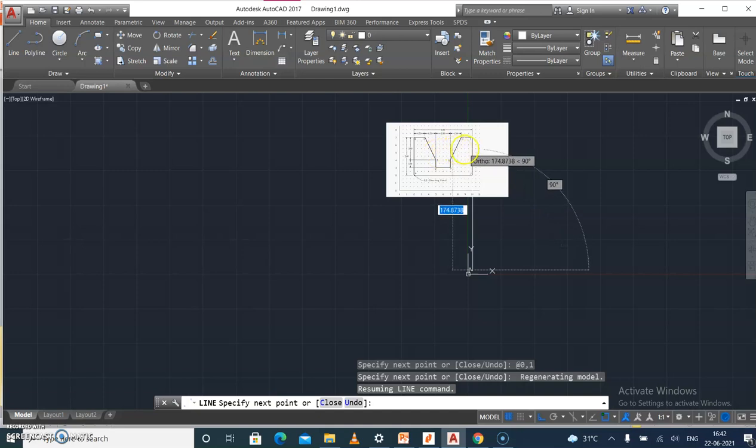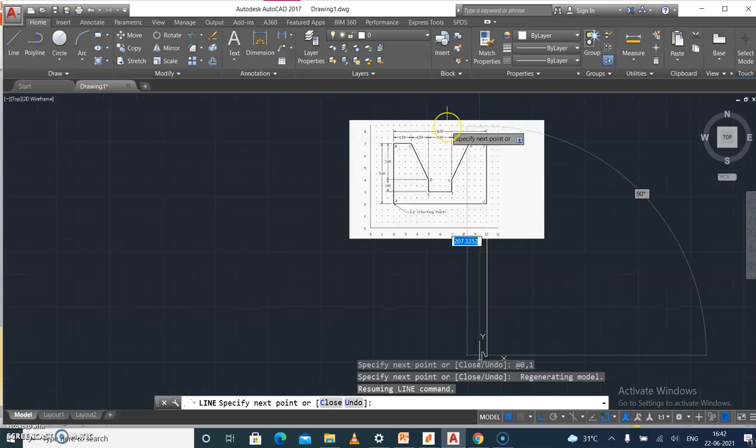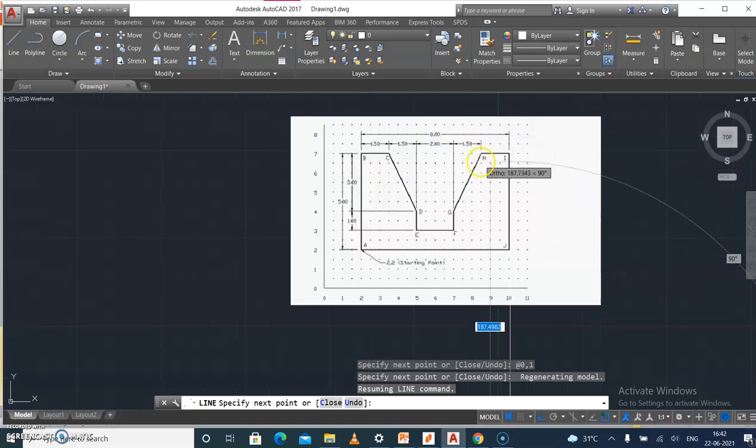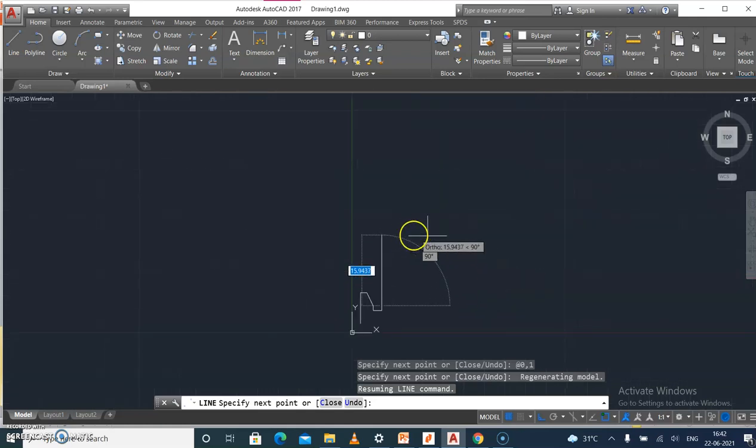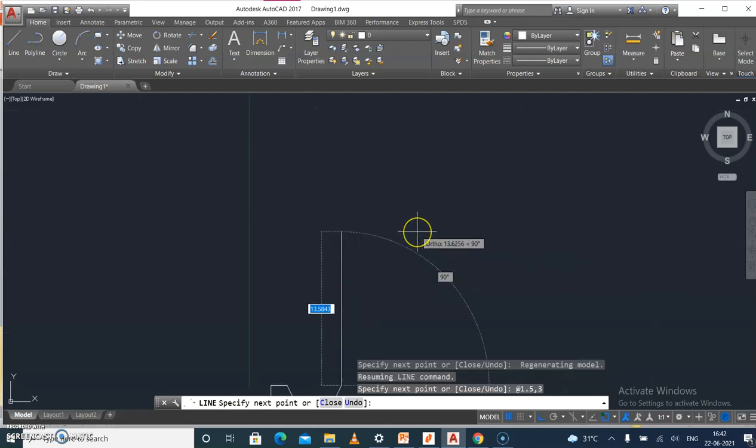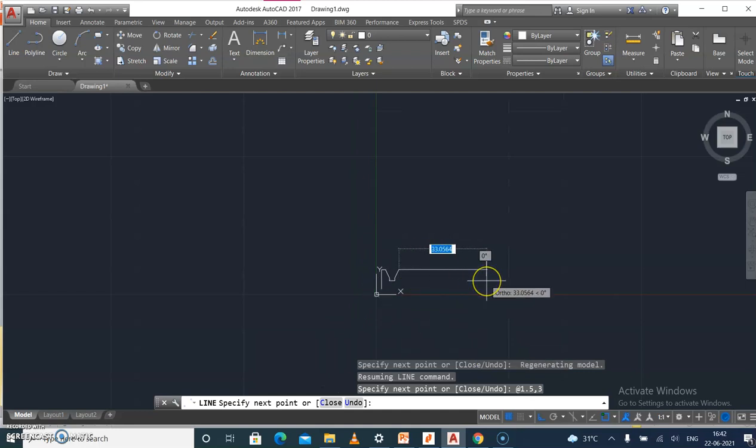No, it is 1.5, and the vertical distance from H to G is 7 minus 4, that means 3. So 3 and 1.5. So 1.5 is the x-axis and comma 3. Enter. Then x-axis is 1.5 comma 0.